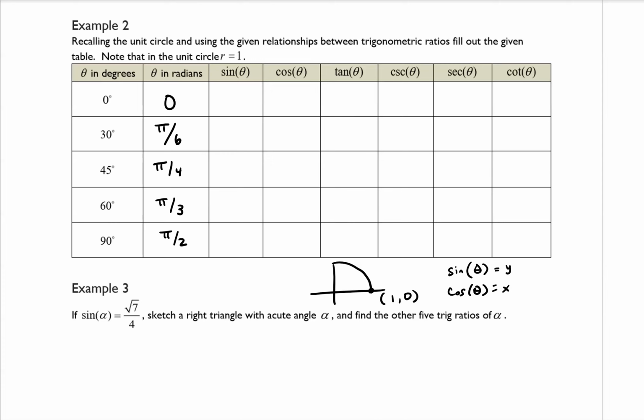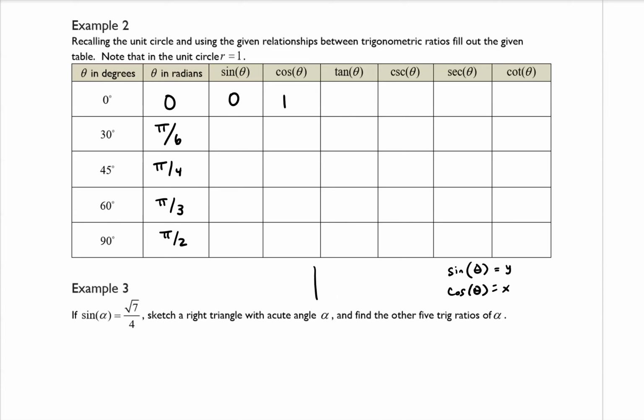So for 0 degrees, sine of 0 degrees is going to be 0, since the y value is 0. And cosine of 0 degrees is going to be 1. So I was able to fill both of those in.